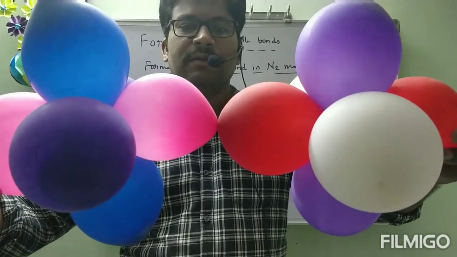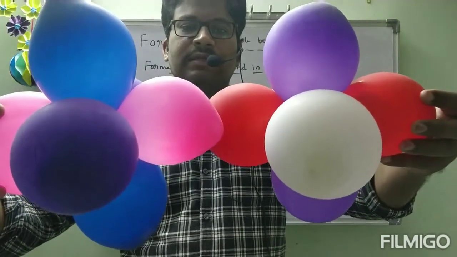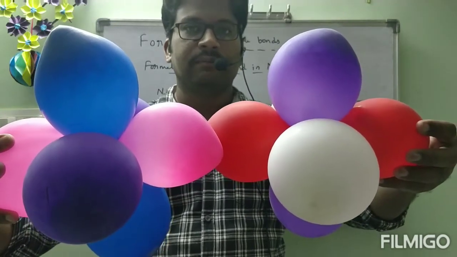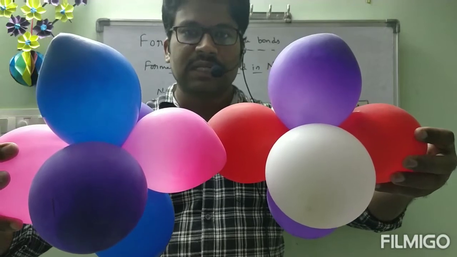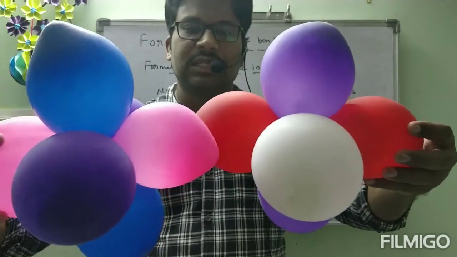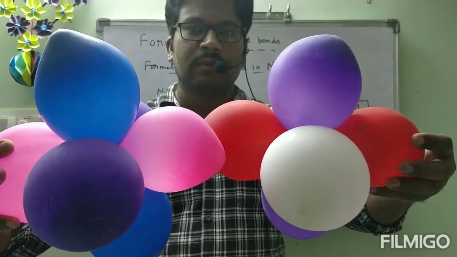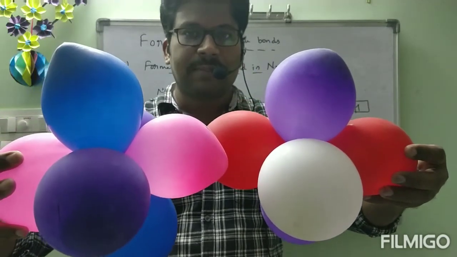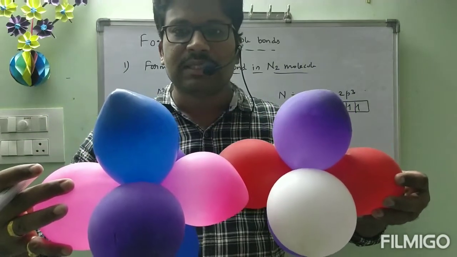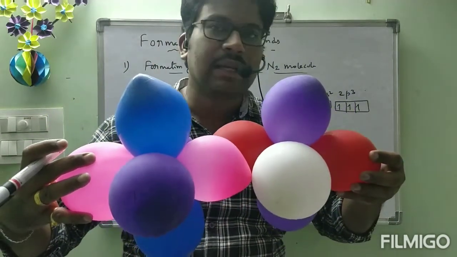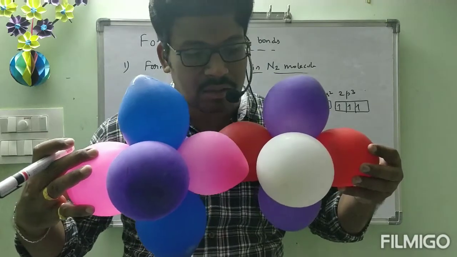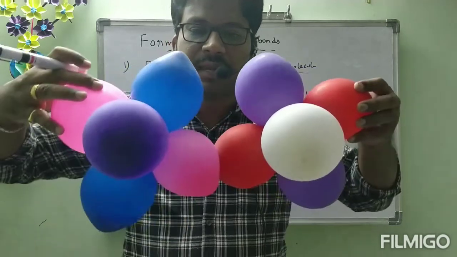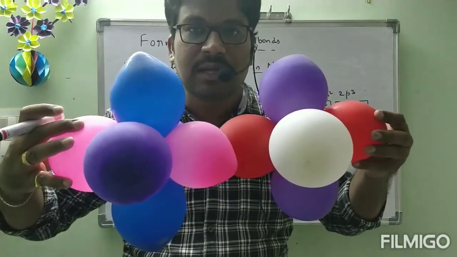This pink balloon and red balloon will get overlapped like this, completely. They will undergo complete overlapping. With the help of fingers I will show once again. See, these two will undergo complete overlapping. After these two are involved in overlapping, the remaining orbitals, the blue color and the violet color and the white color, cannot approach completely.